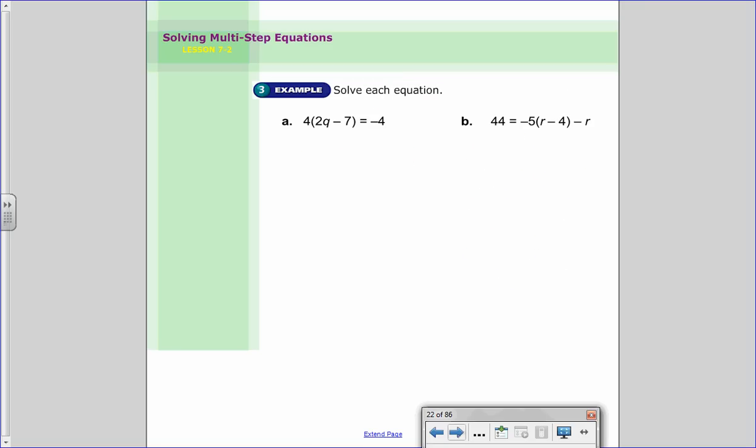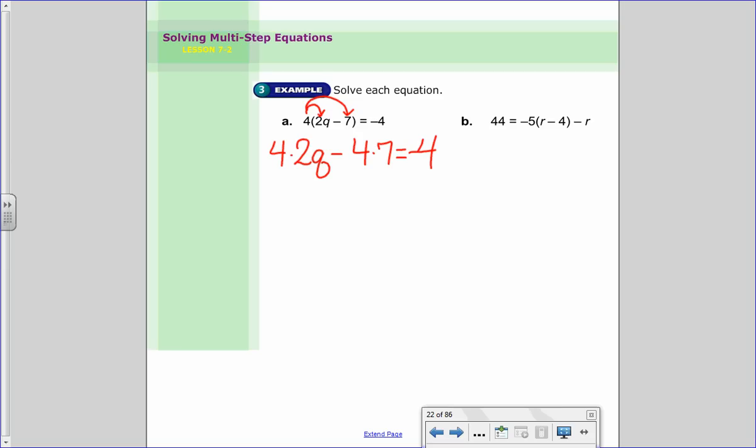But now we're going to use them in equations. So we're going to go ahead and do A together. So we have 4 times the difference 2 times q minus 7 is negative 4. Well, again, you start by taking this 4 to everything inside of it. So 4 times 2q minus 4 times 7 is going to equal negative 4.